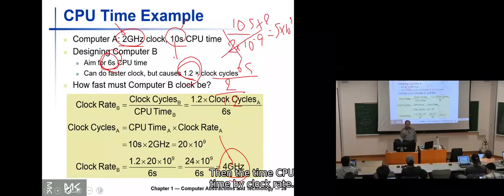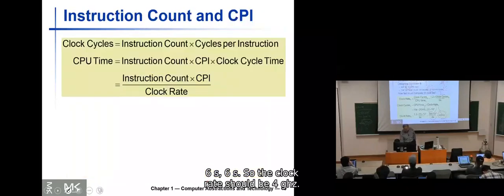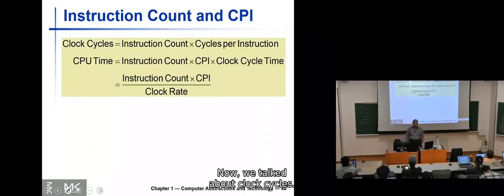I did something wrong. So it is 20 billion clock cycles, and these clock cycles, we wanted to make it 6 seconds. So the clock rate should be 4 gigahertz.